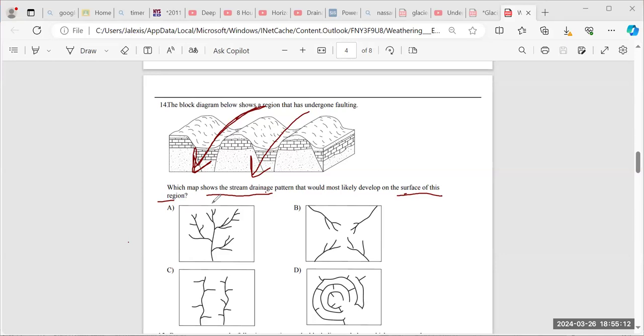It's not necessarily a depression in the land, but basically points in the land where there's more depth, where there's space for water to flow. The pattern that has at least two pathways for water to travel matches up with choice C. Once again, imagine water is pouring down on this landscape. How would water flow? That is the drainage pattern that you are matching up with. That's why it's choice C.